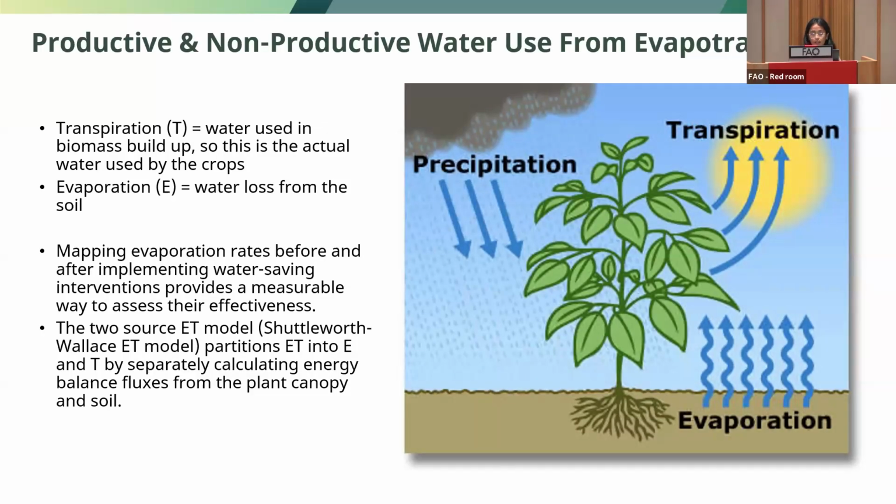And evaporation, on the other hand, is the loss of water from the soil, which can be termed as non-productive water use. The model that we use is the Shuttleworth-Wallace two-source model, which separates evaporation and transpiration, as well as giving the estimate of the combined evapotranspiration. That partitioning is what makes it possible to detect the effect of AWD through a satellite.